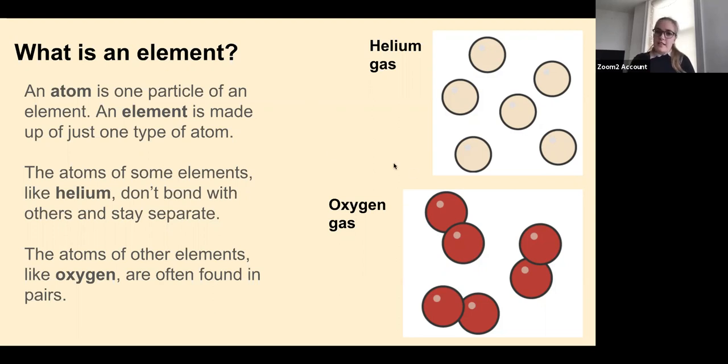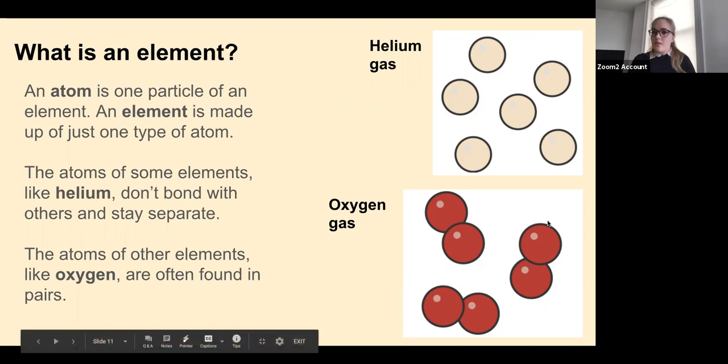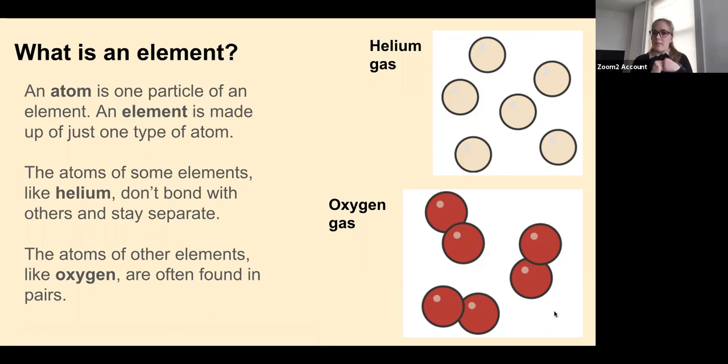Oxygen gas is actually O2, oxygen molecules of 2 oxygen atoms that are bonded together. But even though oxygen gas has 2 oxygen atoms bonded together, it's still an element because it just has one kind of atom. Oxygen just has oxygen atoms and helium just has helium atoms. So these are elements.